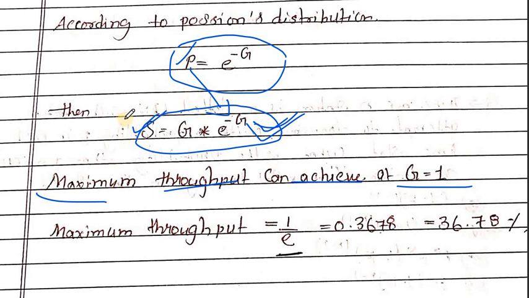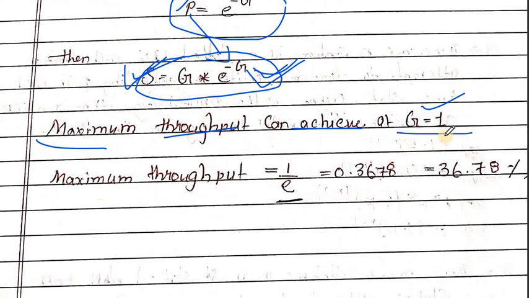For maximum throughput, G must be equal to 1, and at G equal to 1, the maximum throughput value is 1 by e. This is a constant. Its value is 0.3678. In percentage, it is 36%.